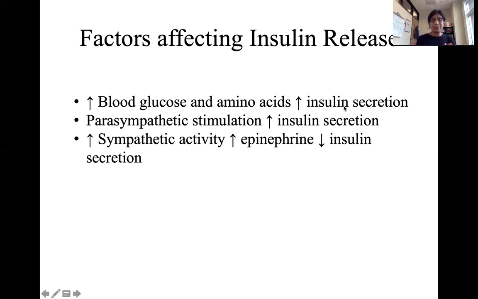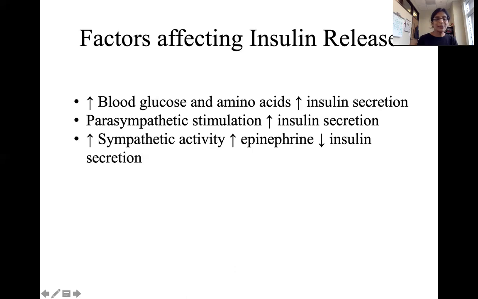So these are the key components. High levels of blood glucose, high levels of amino acids, and activation of the parasympathetic division are the triggers for the release of insulin, whereas sympathetic activation has the opposite effect.